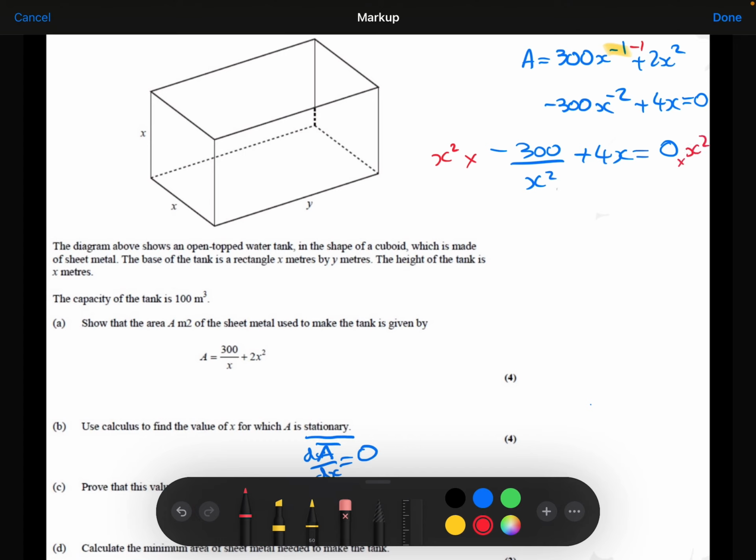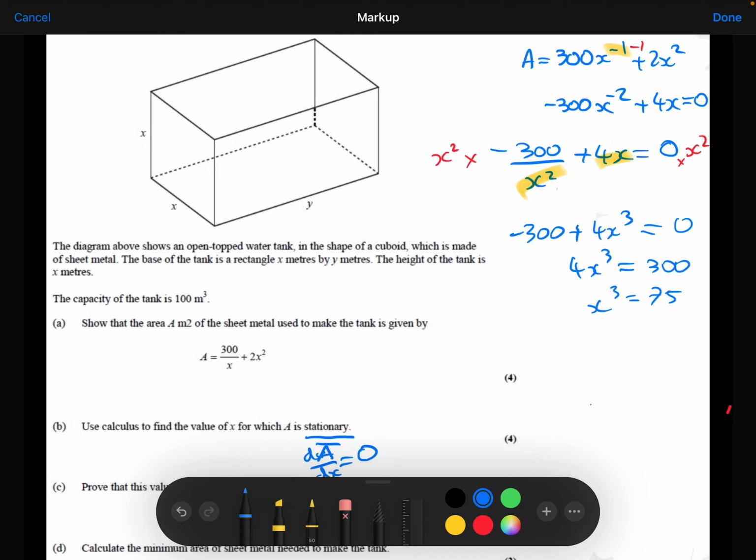By doing that, it's going to cancel this x squared here and leave me with just a minus 300. The 4x times the x squared will be 4x cubed, and the 0 times x squared will still be 0. We can now add 300 to both sides, and then divide by 4.